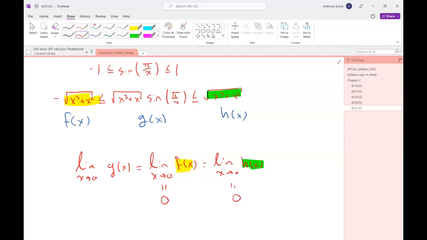So we're done. Probably in here I should have written by the squeeze theorem before I said that those limits are all equal. Does that feel okay, Mackenzie? Kind of.